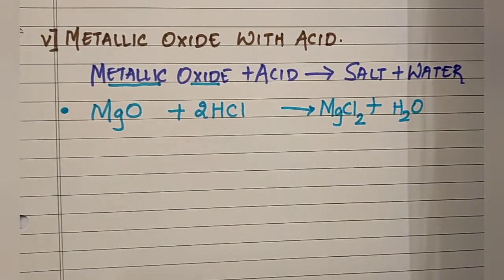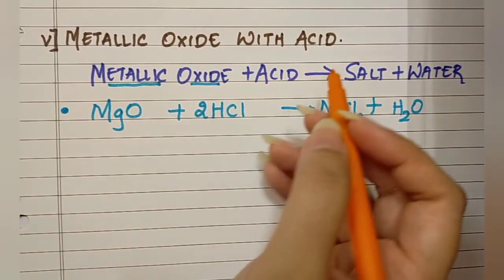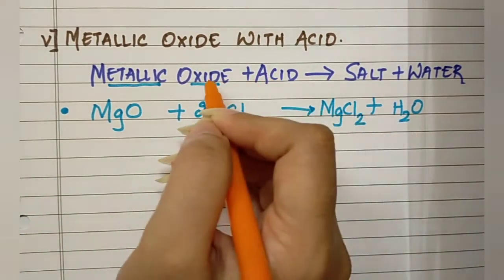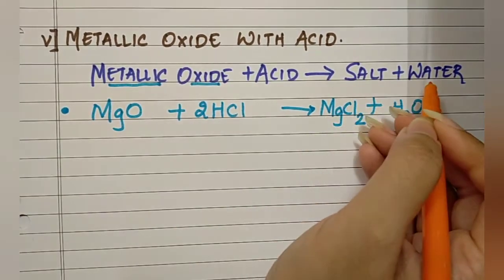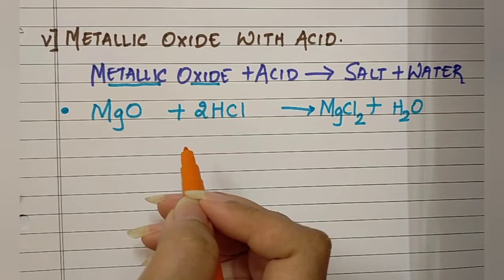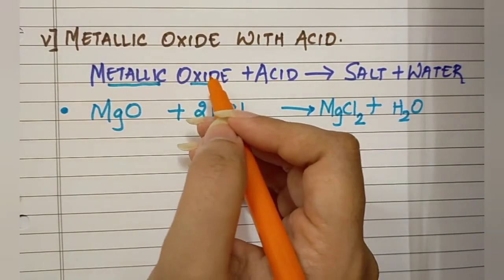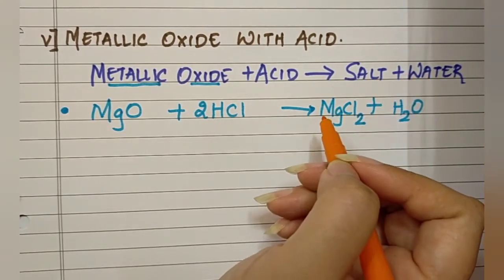Okay, yes. So students, did we study a similar reaction before? That is acid plus something giving salt and water. Yes, just now we have studied the neutralization reaction in which acid plus base gives salt and water, isn't it?